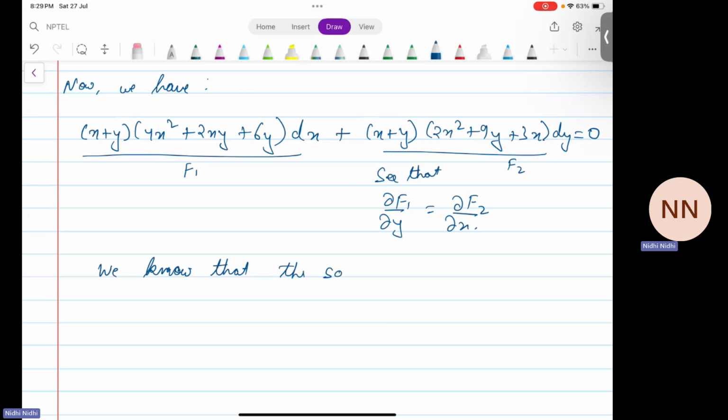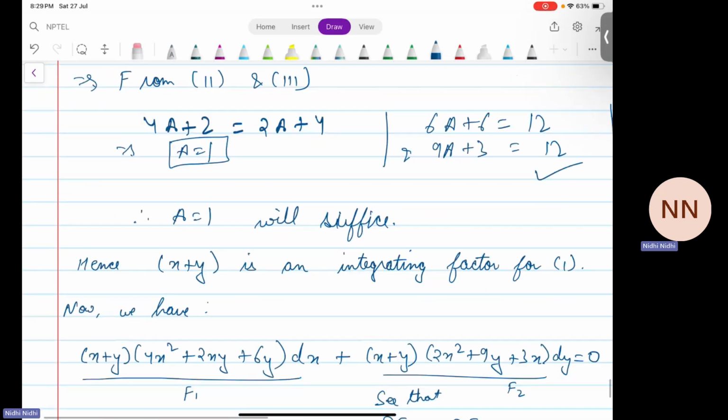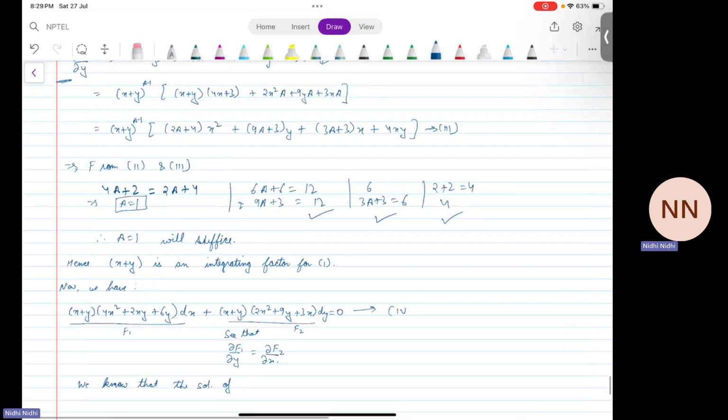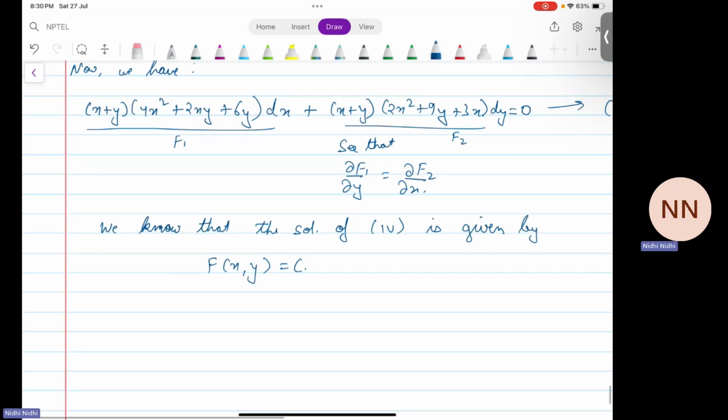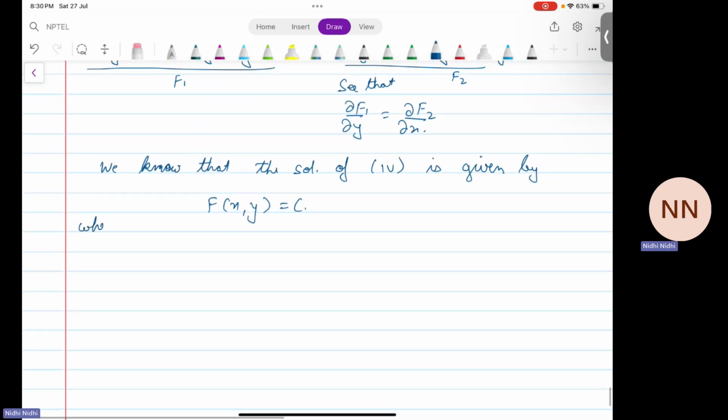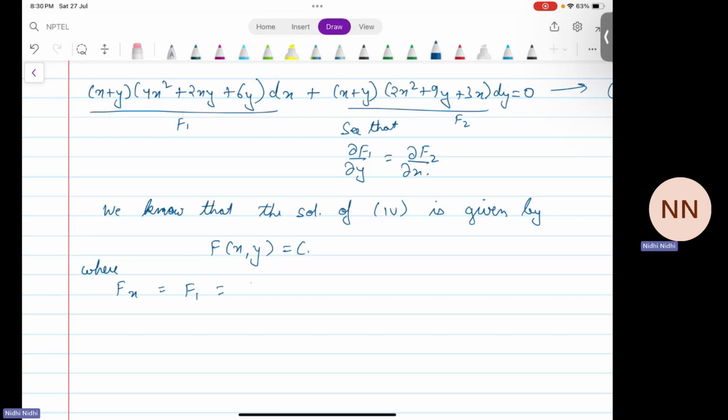The solution of equation 4 is given by f(x,y) equals c, where this function f is such that the derivative of f with respect to x is given by f1, which is (x plus y) times (4x square plus 2xy plus 6y), which is 4x cube plus 2x square y plus 6xy plus 4x square y.